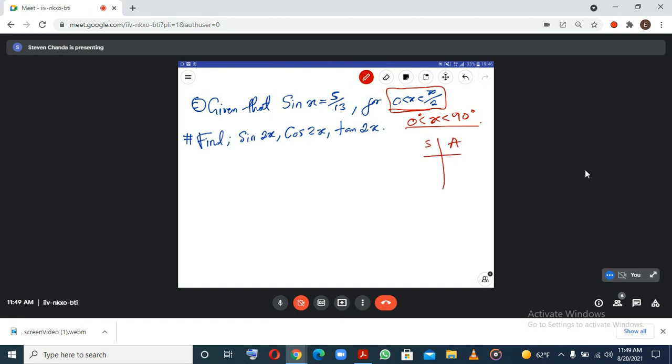In the first quadrant, all of them are positive. In the second quadrant, it's sine and cosec. In the third, it's tan and cotangent. In the fourth quadrant, it's cos and sec. So there we have it.